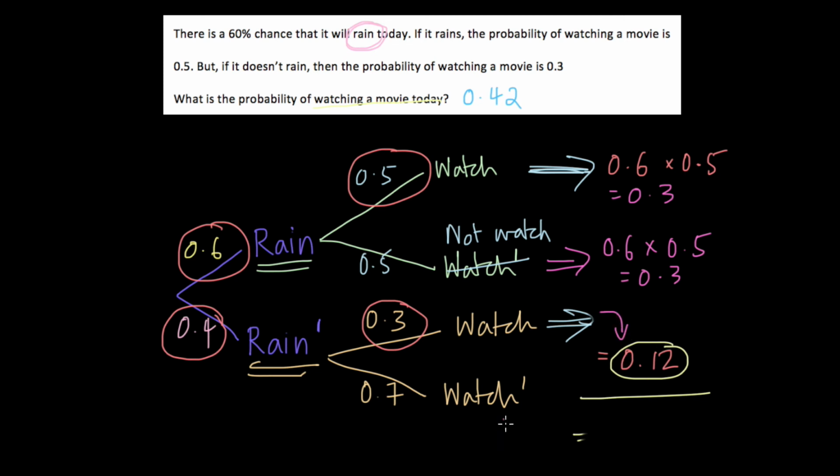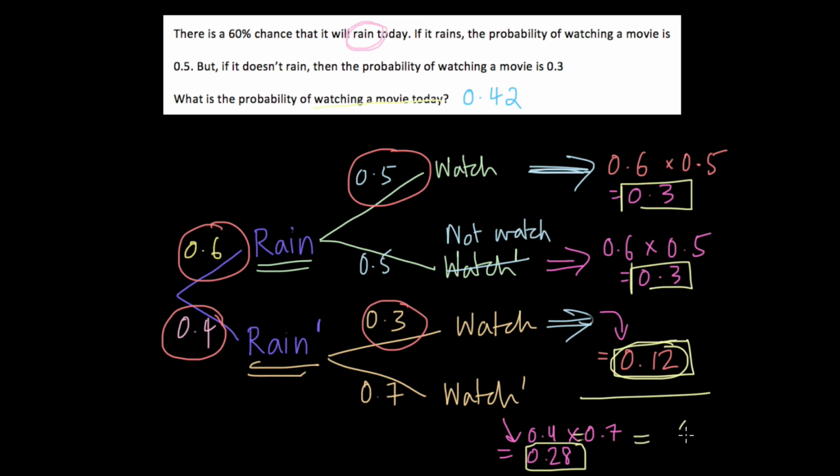And this one is 0.4 times 0.7, which is 0.28. Then you add up these probabilities and make sure they add up to 1. So 0.28 plus 0.12 plus 0.3 plus 0.3. These probabilities summed together do give us 1, and so you know that you haven't made a mistake and that your tree is correct. I hope this was helpful and thank you for watching.